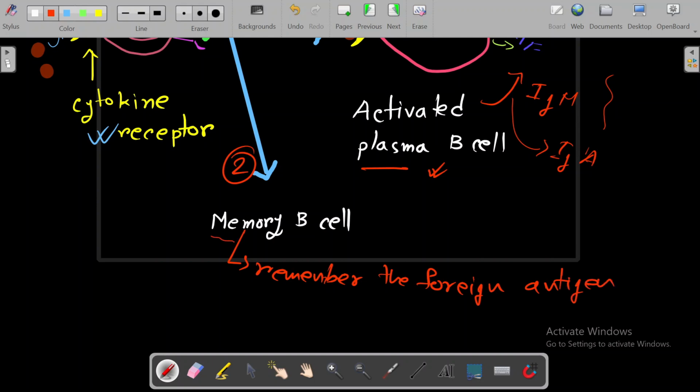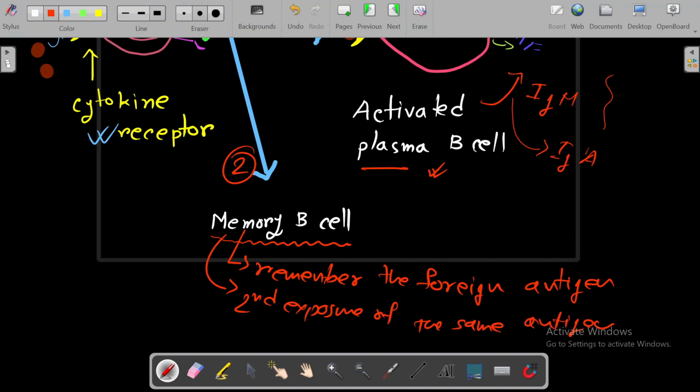And this memory B cell mainly functions in the second exposure, suppose a second exposure of the same antigen. And this activation will obviously be much faster than the previous B cell, because this memory B cell mainly remembers the foreign antigen, the specific foreign antigen for which this memory B cell was produced.